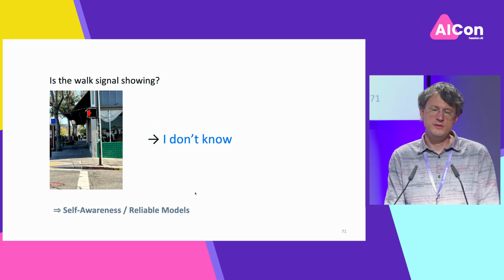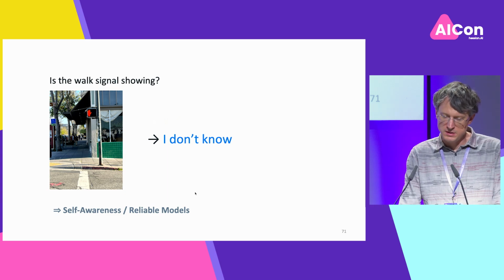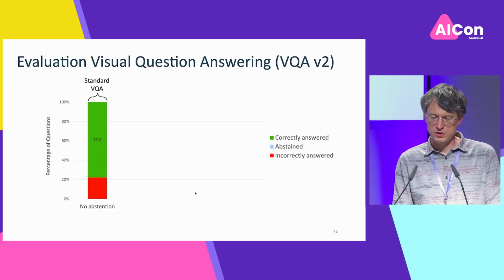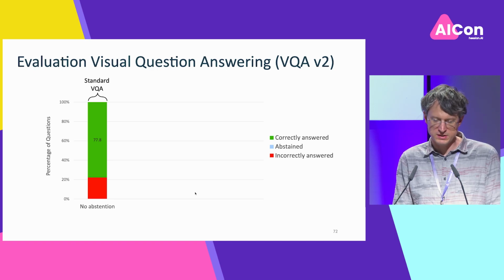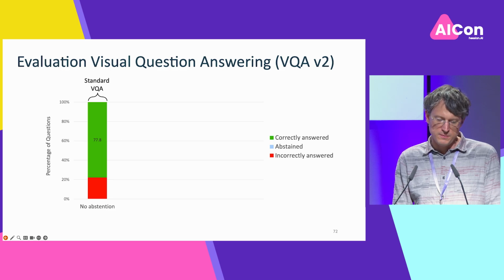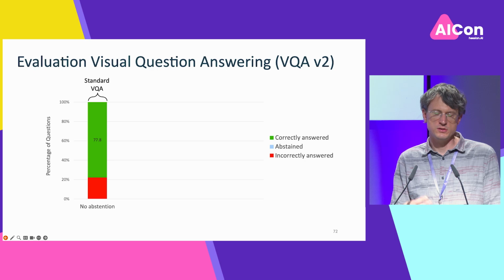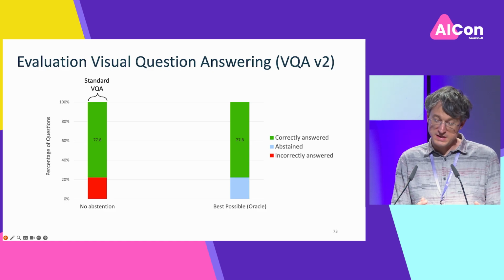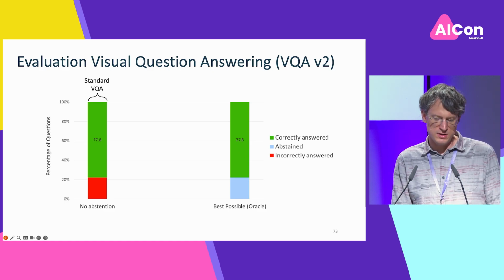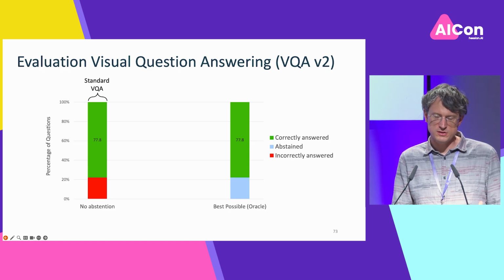To give you an idea how difficult this is, consider the standard visual question answering task on the standard benchmark, the VQA V2 dataset. One of the models we looked at gets 77% of the questions correct and the others incorrect. So what we want is to ideally still get all the questions correct which the model gets correct, but then abstain on all the others.